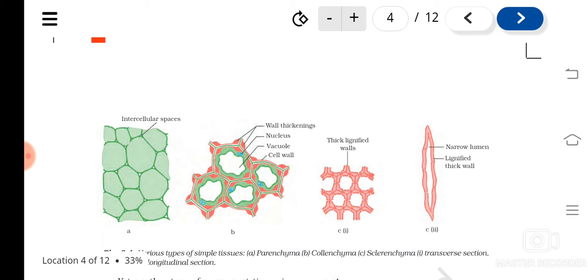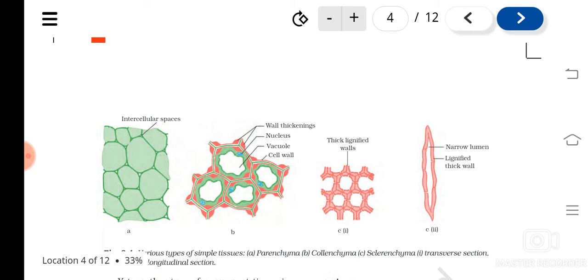And when they have air spaces, especially in aquatic plants, that gives the plants the ability to float on the surface of water. The parenchyma with air spaces are known as what? Aerenchyma. Then what are collenchyma?